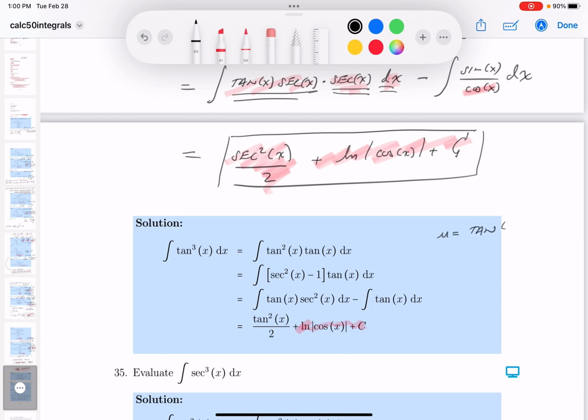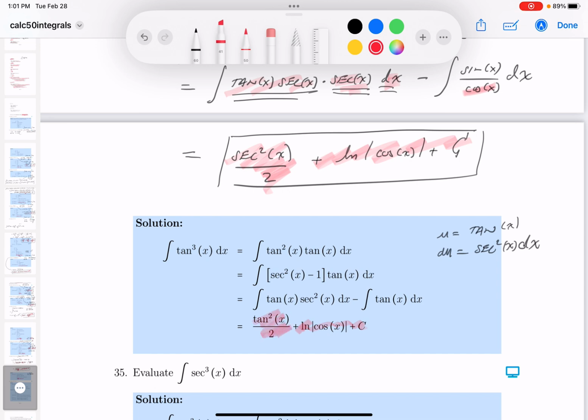I just can't remember doing it. That's when I worked the problem. I got what looks like a different answer, but it's not really a different answer. Secant squared x dx. Will you get what they said? You sure will. You're getting u dx, which would integrate to u squared over 2, which is tangent squared.